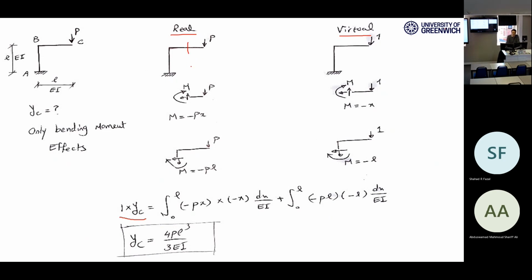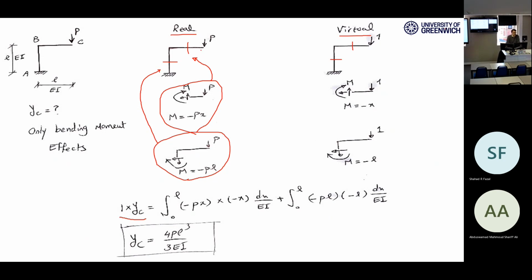I need to cut here once and cut here once. Make 2 sections, one for the beam and one for the column. This is the section for this one, and this is the internal section for this one.